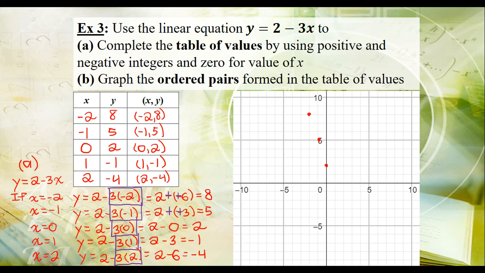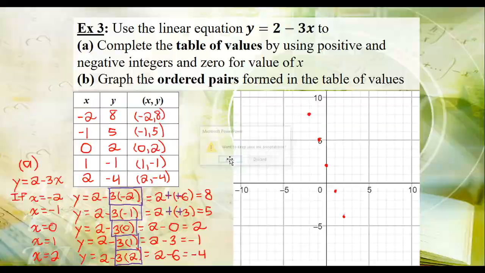Next point, 1 comma -1, so go 1 to the right and then 1 down. So it's going to be located here. And then 2 comma -4, 2 to the right and then 4 down would be located right there. Okay, let's see if we can get a straight line to go through this.